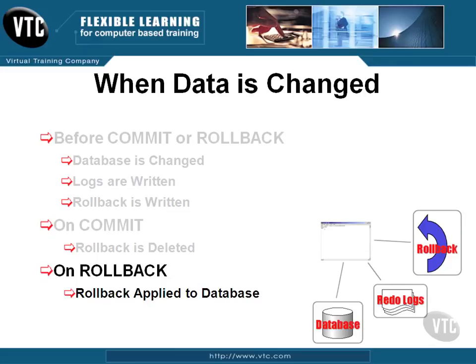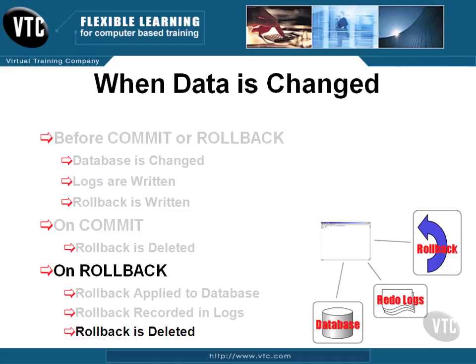When you roll back, your database and your redo logs are already changed, so you need to reapply the changes backwards to the database. So you read the rollback, you write to the database, and you actually record the rollback undo changes in the redo logs. So you change the redo logs first and then you change them back. Remember I was talking about reversal transactions? It's the same thing.